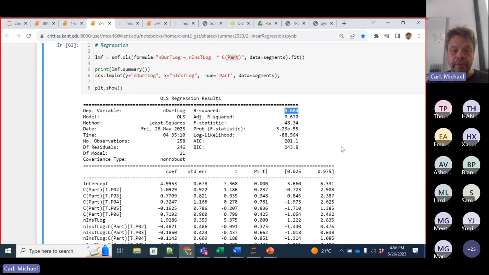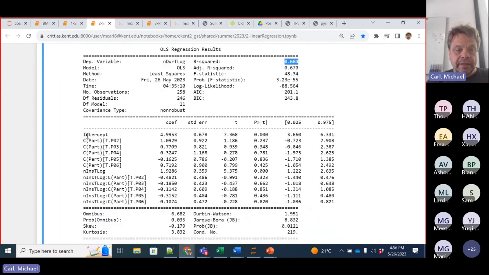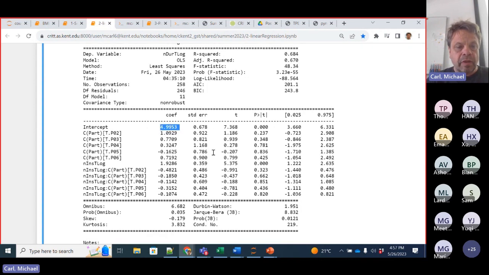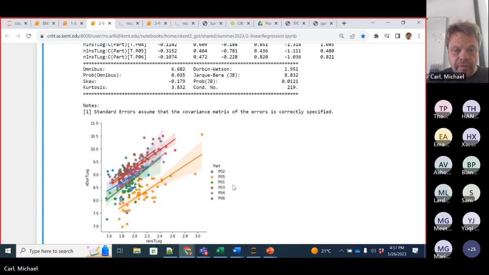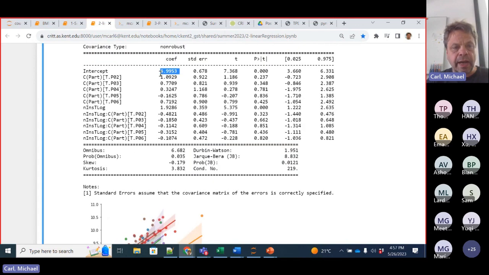Same process here, a little bit more complex. The intercept of the first participant, participant 01, it doesn't show this here, it's ordered, would be 4.9. This participant number 1 is the green one. We go further here and we arrive at 4.9.